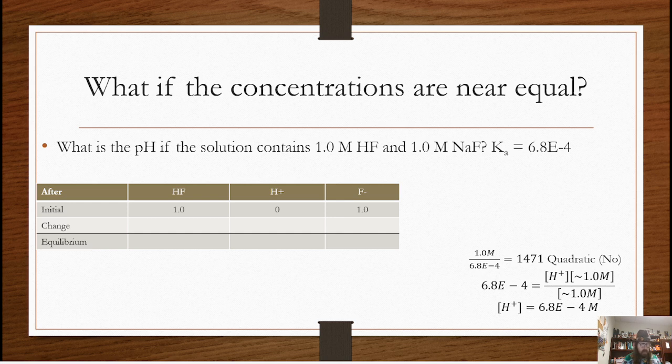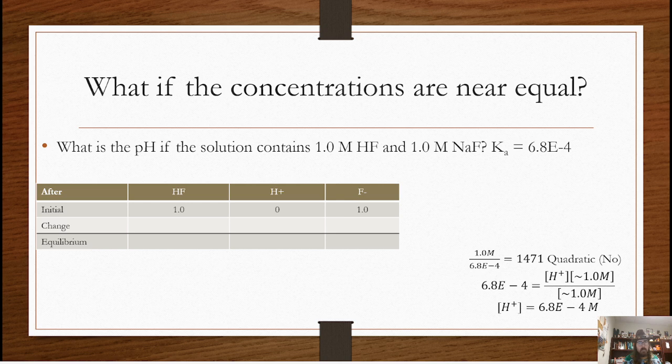So when we have equal amounts of acid and conjugate base, the pH has gone to now 3.16. So essentially it's gone from 1.6 to 2.3 to 3.2.